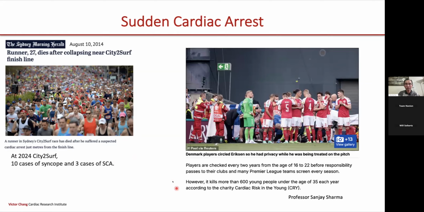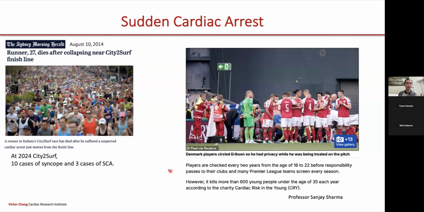According to Professor Sanjay Sharma, about 600 young people under the age of 35 each year have an arrest and fatality. If there's no defibrillator around, or it's unwitnessed and no one's around to perform CPR, then the chance of surviving, if the arrhythmia doesn't terminate spontaneously, is very low.